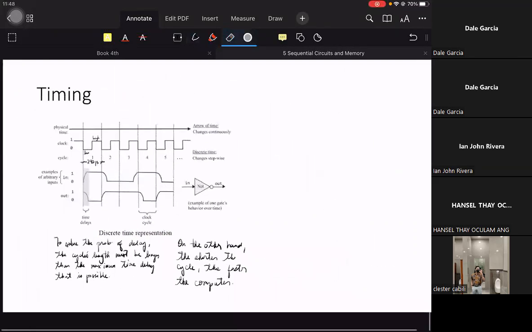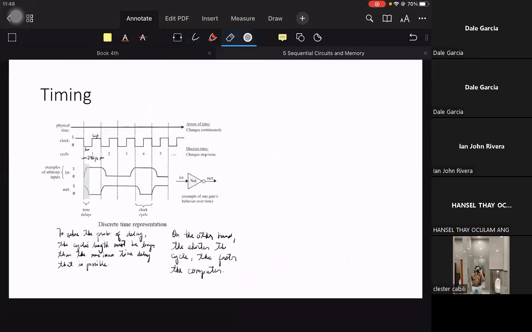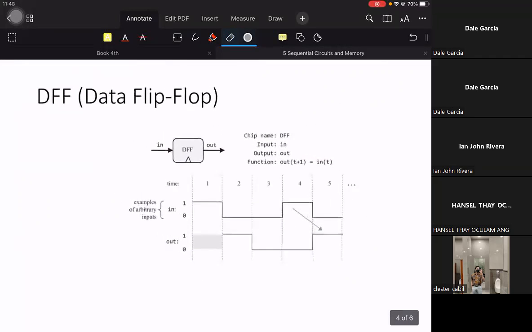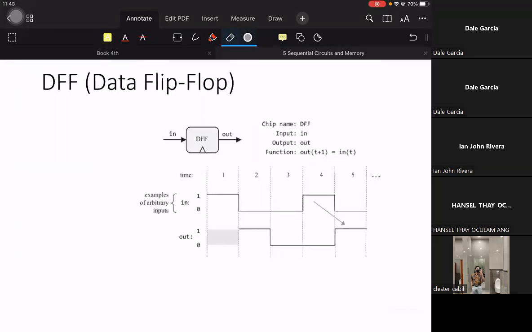So that's for quantifying timing and delays for sequential circuits. Let's move to the very first and most primitive memory device or sequential circuit, the D flip-flop, or the data flip-flop. So how does this work?